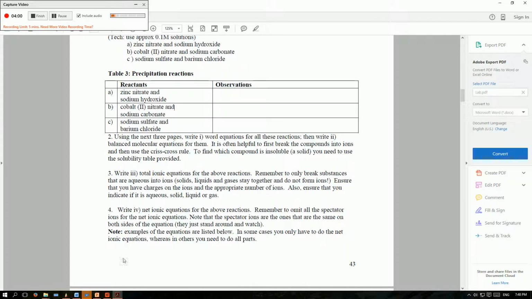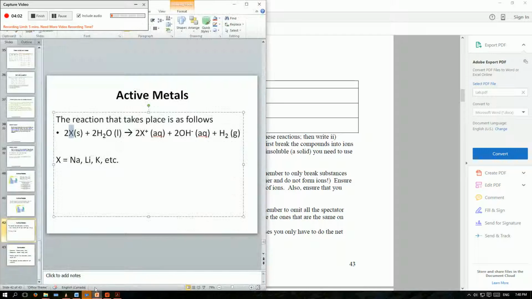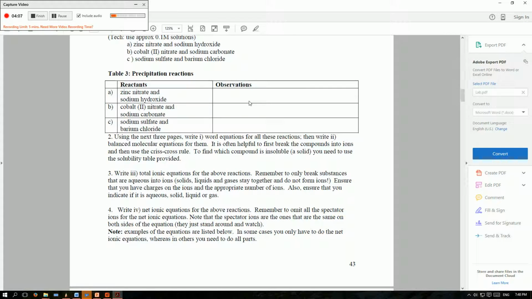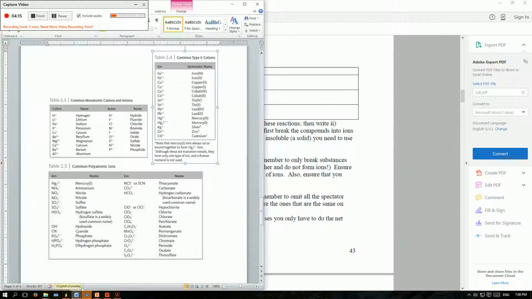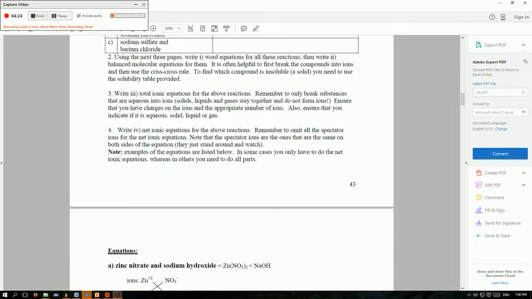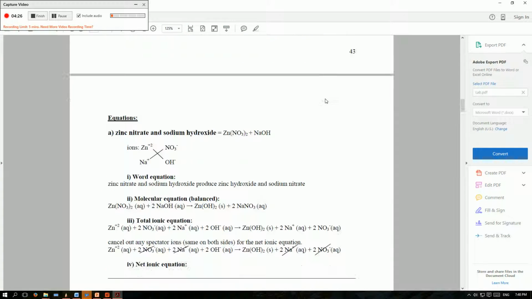Now, you got to make sure you go back to the solubility rules, and you figure out which one's a solid and which one's aqueous, or if there's any reaction at all. You could make ionic compounds with any one of these, and you could react them, and then you just have to double check the solubility rules.